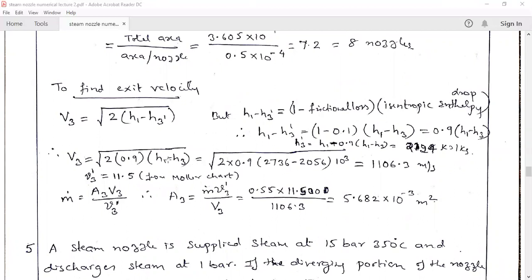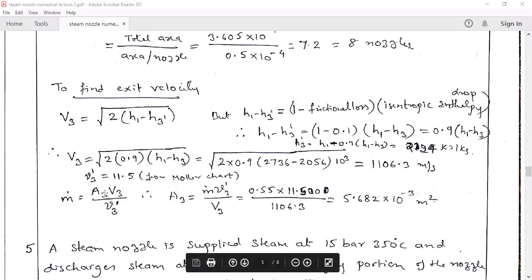Since we have already obtained H1 and H3 values, substitute. The main thing you need to note is that you should not forget to use 10 power of 3 here. So we find the value of velocity at the exit, and it is obtained as 1106.3 meters per second. Then we need to find out, again, the area at the exit, that is the divergent exit.